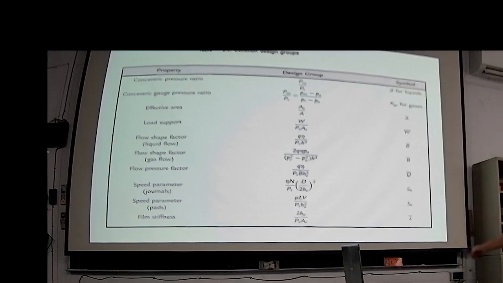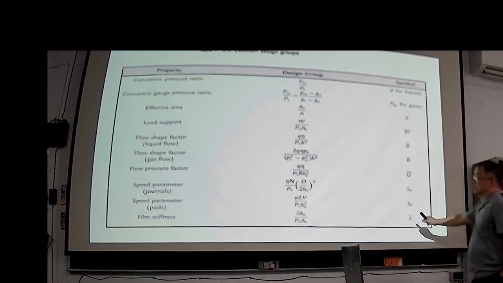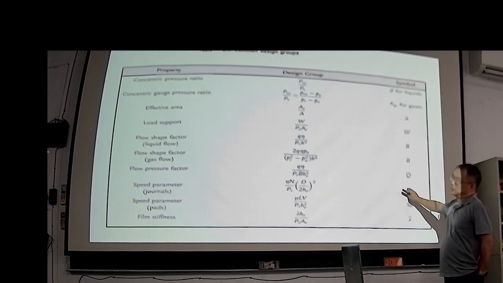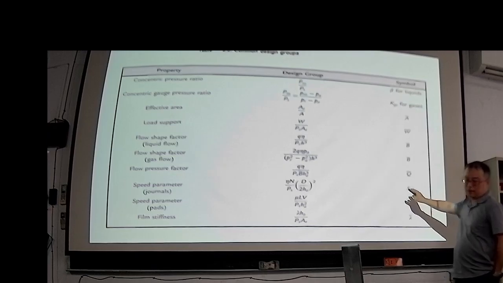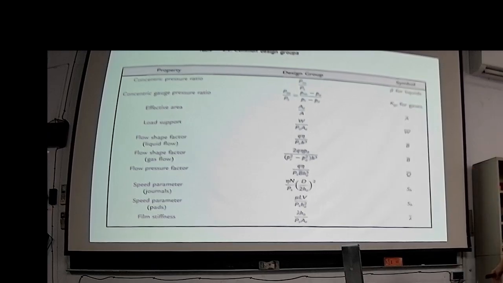Okay. You have a special name for this one. So this is out of scope discussion in this course. For the hydrostatic bearing, you have also speed parameter for the thrust bearing tank using this value.